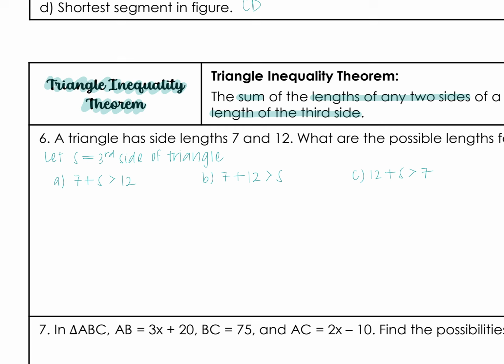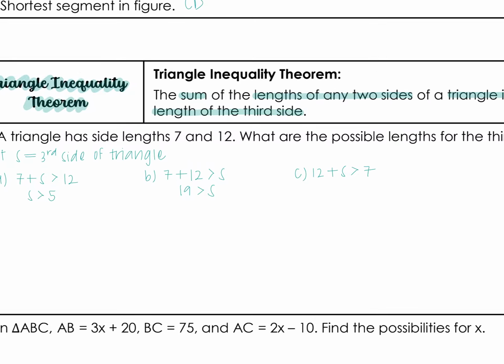So here I'm going to get that S is going to be greater than, I'm going to subtract that 7 from both sides, and I'm going to get 5. Then over here I'm going to add these two, and so I'm going to get 19 is greater than my S. So S should be less than 19.